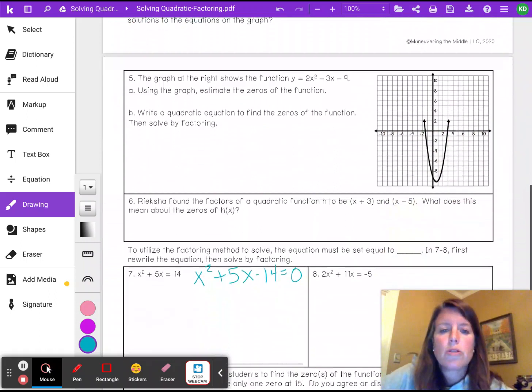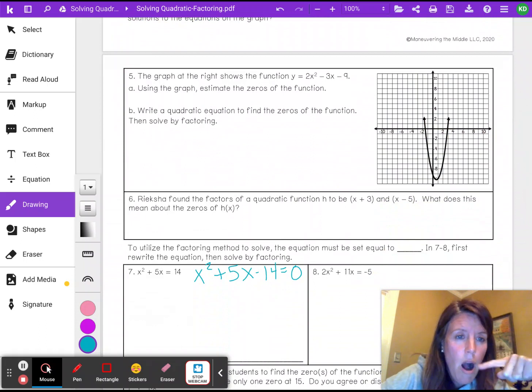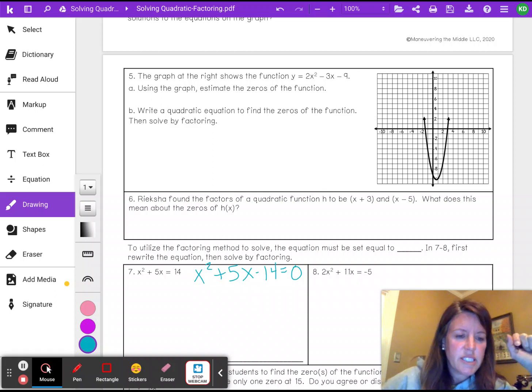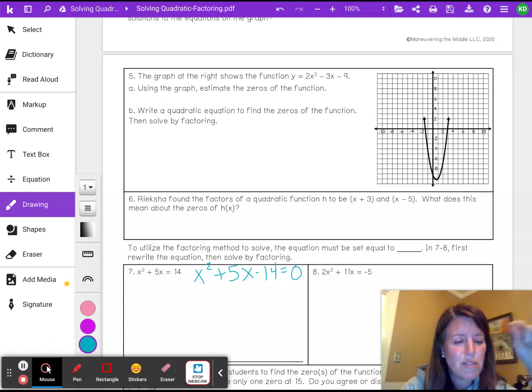All right, so number 5, we've got our graph here. So if you all look at C, you could probably see where it crosses that x-axis. And here's an example of where sometimes it doesn't cross at a really good point. So it's kind of hard to tell just by looking at this. I can definitely see the positive. That looks like a 3.